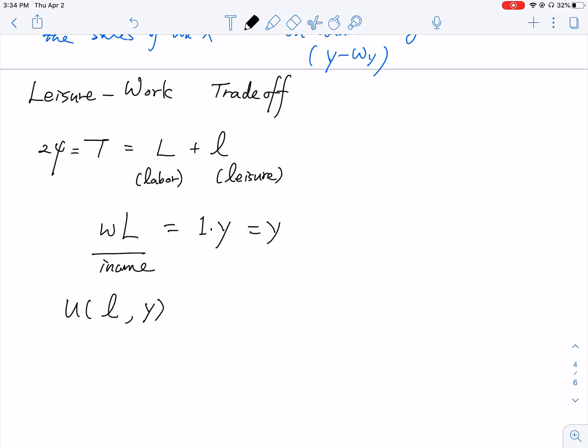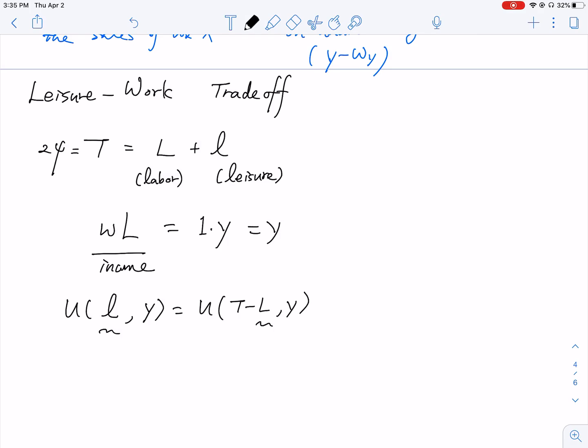So small l is T minus capital L, comma y. In a sense, leisure and labor enter in exactly a reciprocal way, so leisure and labor are combined into one variable. Anyway, let's say this is a utility function, and this is the budget line.